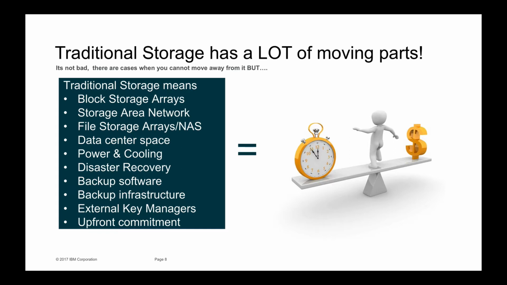You're typically making copies of this, either using storage replication or snapshots or backing it up. That backup requires some software, which again requires some infrastructure. If you want to be secure, you need external key managers. And typically it requires an upfront commitment. So obviously you can buy things on a payment plan, but there is a sunk cost that you are committing to.